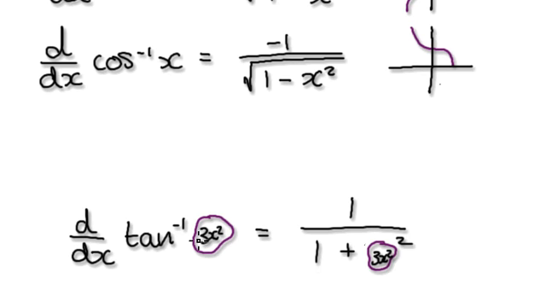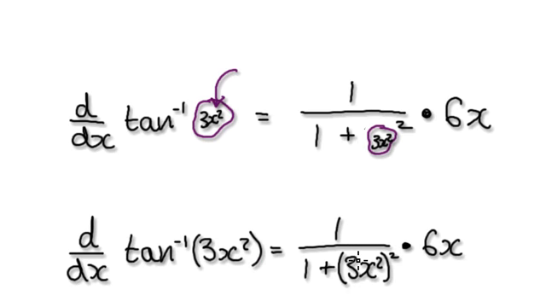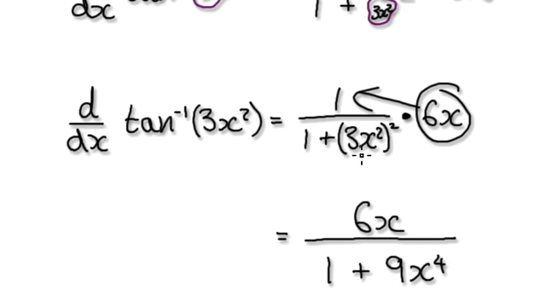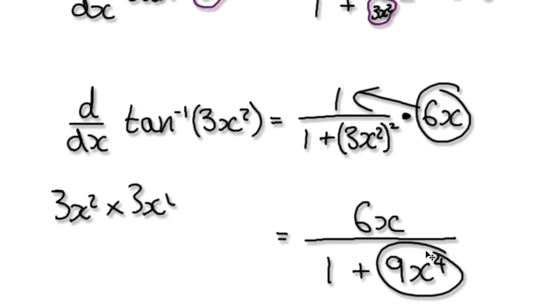Once you've done that, because this bubble is a function of x, you've got to times it by the derivative of the bubble itself. That will be 6x. So this then gets multiplied to the top here, and it will give you this. Don't forget, 3x squared times 3x squared will give you 9x to the power of 4.